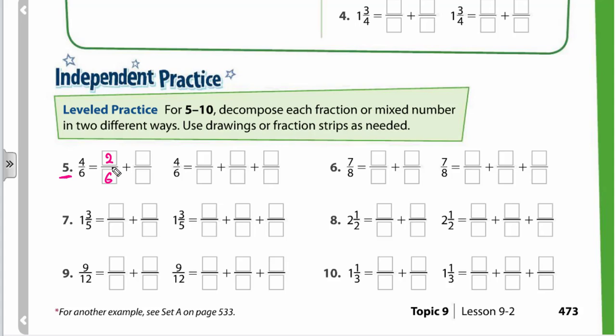Oh, 2 plus 1 is not 4. 3, mister. 2 plus 3 is not 4. What? 2 plus 2. So 2 sixths and 2 sixths.